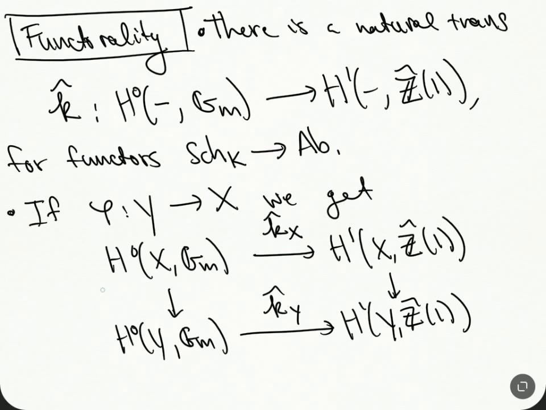And this map here is what happens when you take H0 phi of GM.